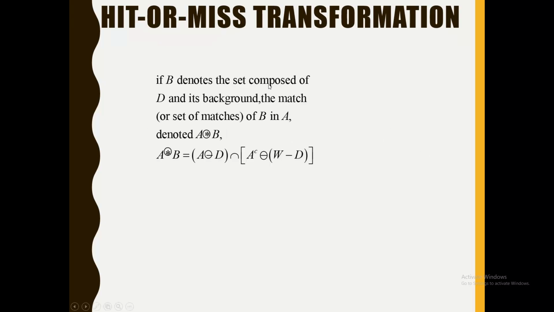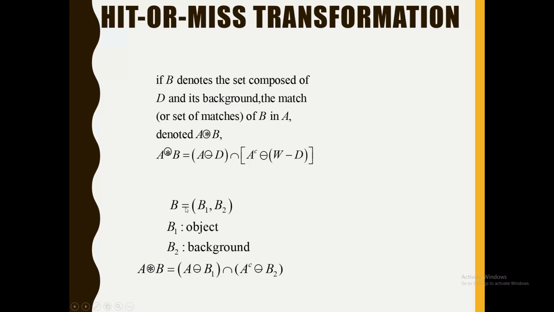If B denotes a set composed of D and its background, the match of B in A, denoted by A hit or miss transform with B, is equal to A eroded with D intersection A complement eroded with W minus D, where B is equal to B1 comma B2.